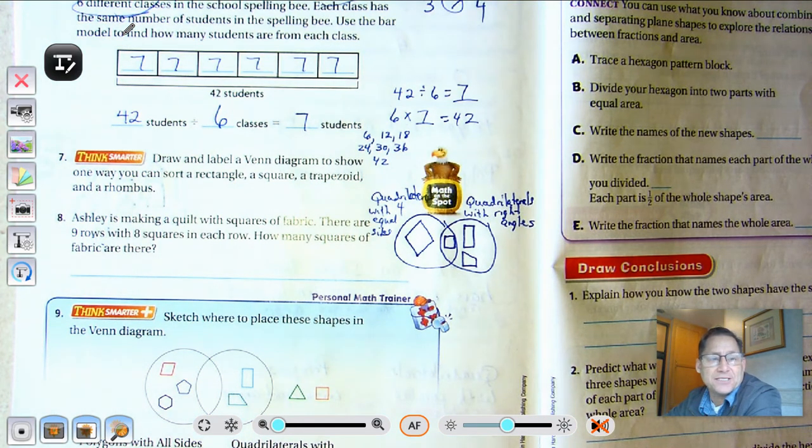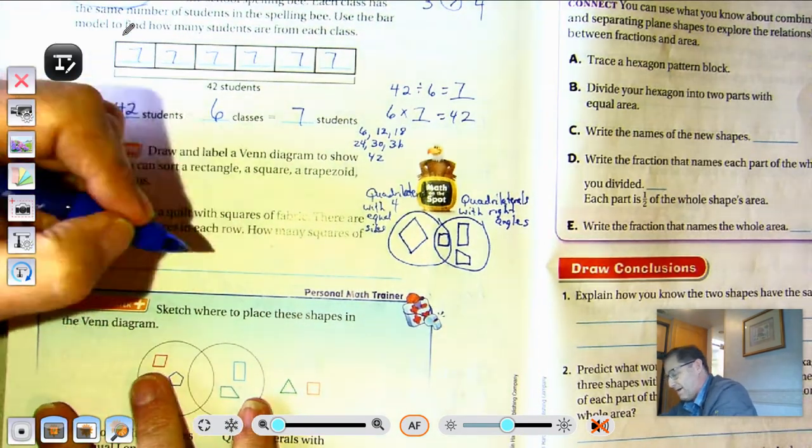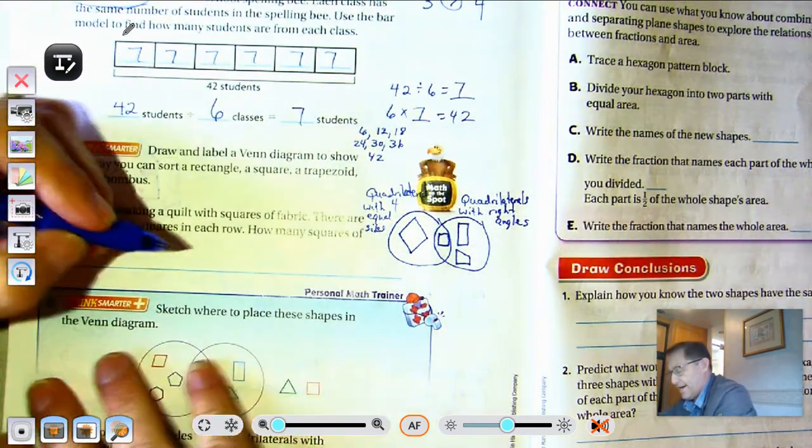All right, number 8. Ashley is making a quilt with squares of fabric. There are 9 rows with 8 squares in each row. How many squares of fabric are there? Well, we can make 9 rows of 8, right?